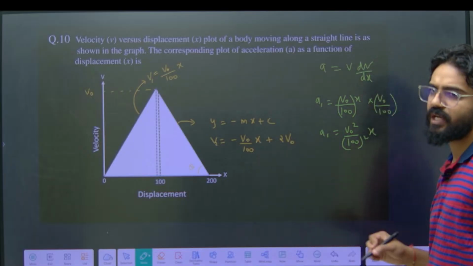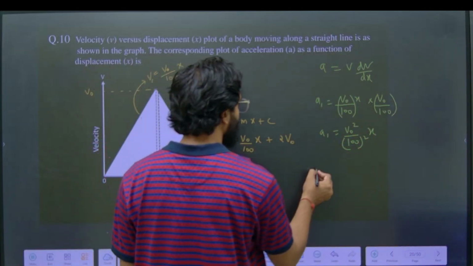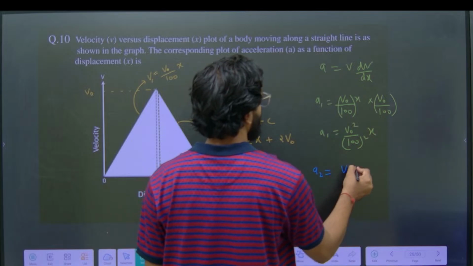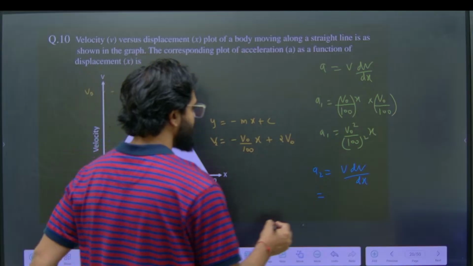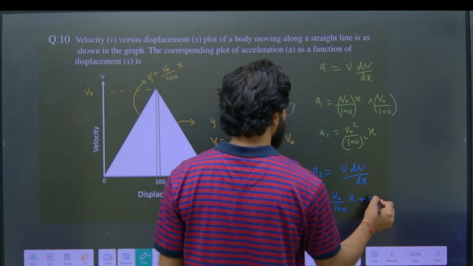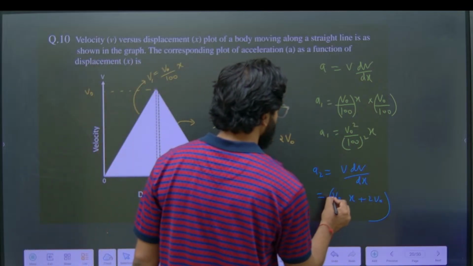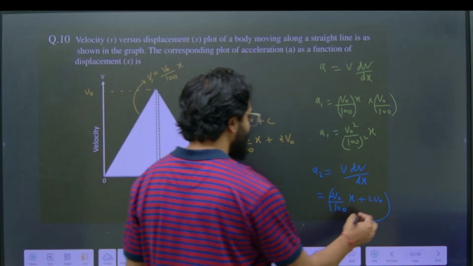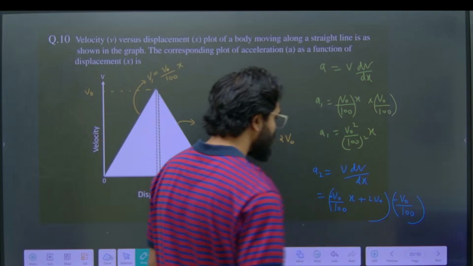So just a straight line, correct? What is a2? A2 is v dv by dx. So it will remain same, guys. And differentiation of this will come with a negative sign. So negative v naught upon 100, correct?